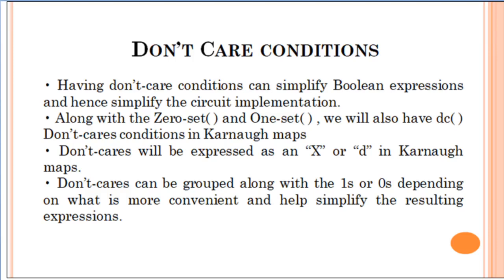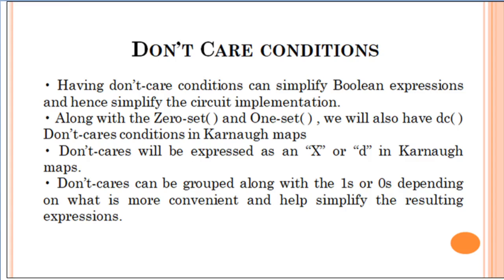Along with the 0 set and 1 set, that means zeros and ones of that particular function, we will also have a don't care condition in the K-map. Don't care will be expressed as X or D in the K-map.